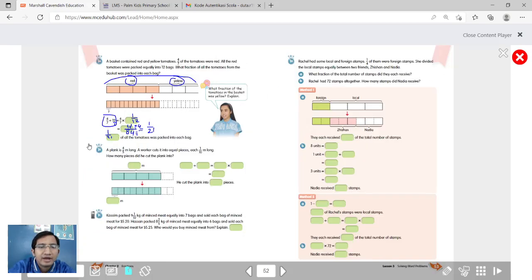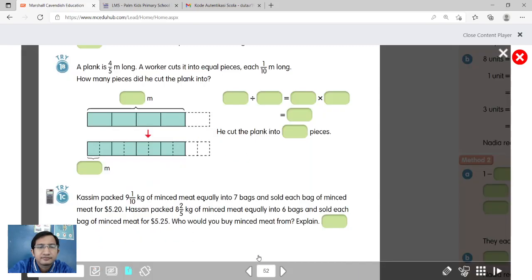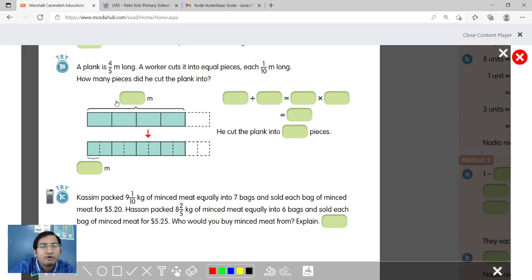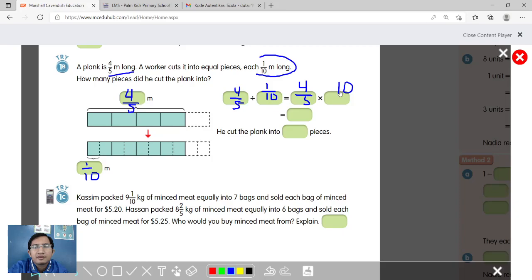Now let's go to try 1B and try 1C. Okay, a plank is 4 per 5 meter long. After a worker cuts it into equal pieces, each is 1 per 10 meter long. How many pieces did he cut the plank into? So we have 4 per 5 meter of a plank, and then we divide each 1 per 10 meter long. How many would we get? So we can write 4 per 5 divided by 1 per 10 equals 4 per 5 multiplied by 10 per 1.